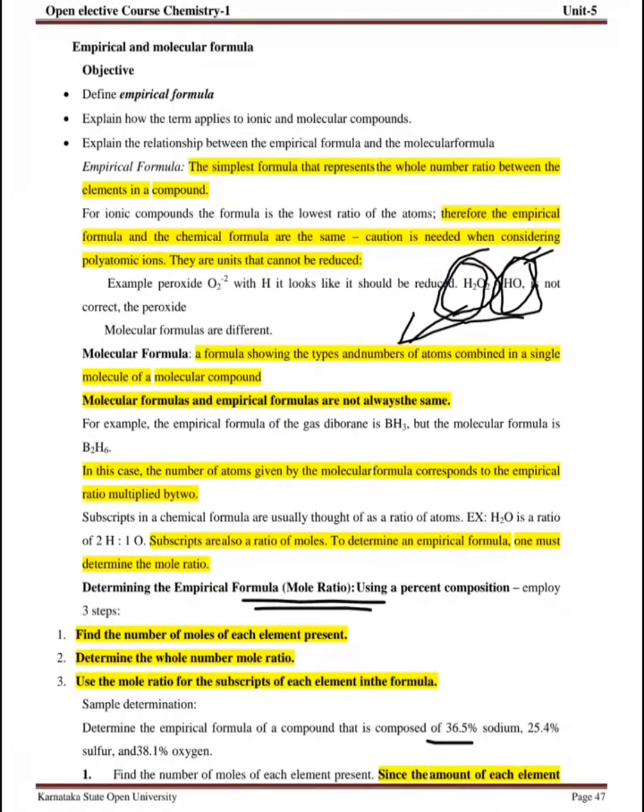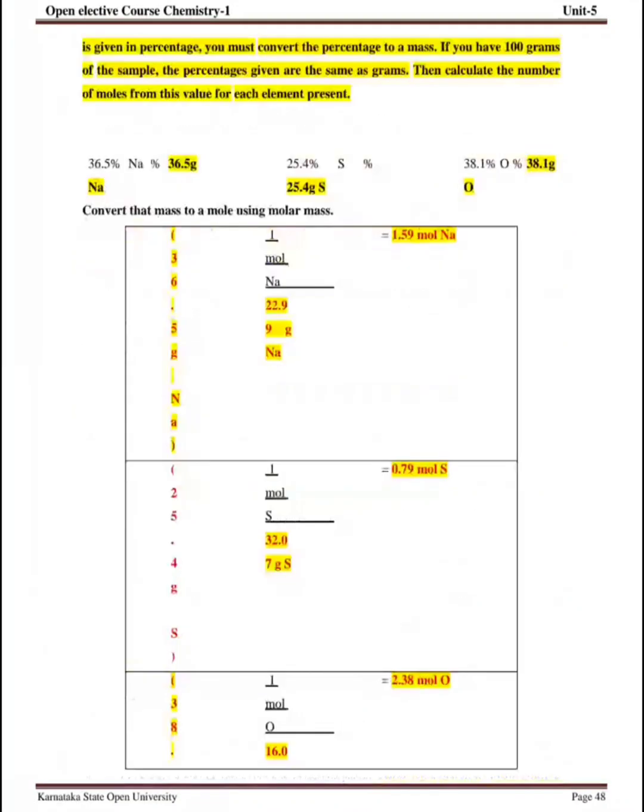There are 3 steps involved in the determination. First, find the number of moles of each element present. Second, determine the whole number mole ratio. Third, use the mole ratio for the subscript of each element in the formula. So here we are going to find the mole ratio.